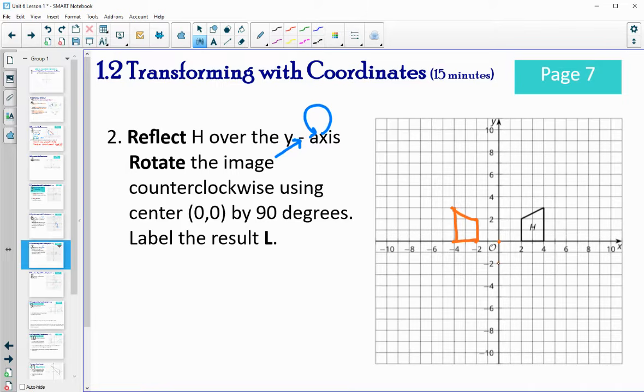As we rotate this 90 degrees, you get this new image. Whoops, that's one too far. Okay, and you get that new image, and this time we wanted to label it L.